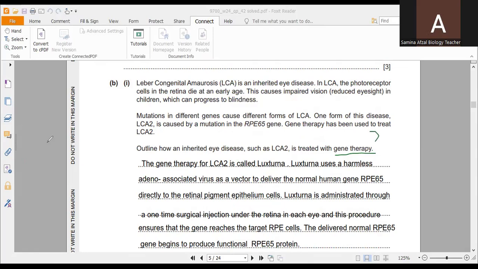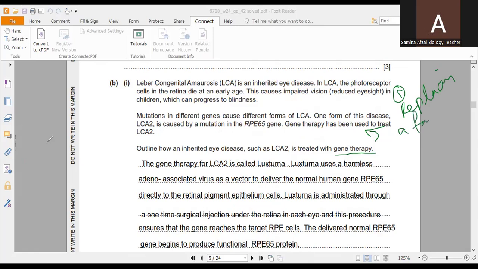So gene therapy can be done by replacing a faulty gene or introducing a new gene.